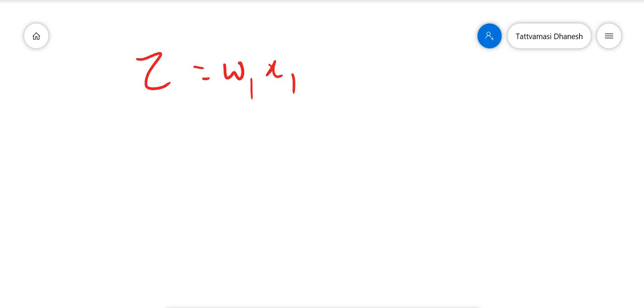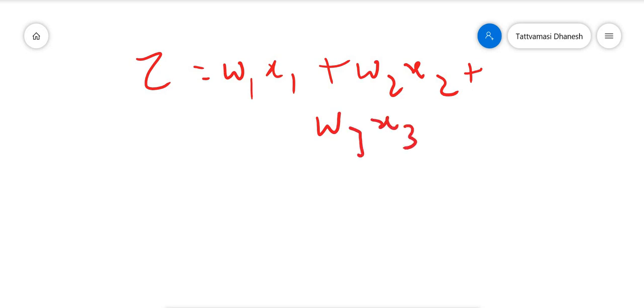So W1 x1 plus W2 x2 plus W3 x3 plus B into 1. This 1 is the bias. The value of the bias is 1 and B is the weight of the bias. This is really important. The value of the input is x1 and W1 is its weight. Here B is the weight of the bias. Understood.